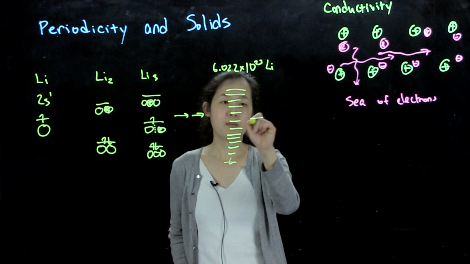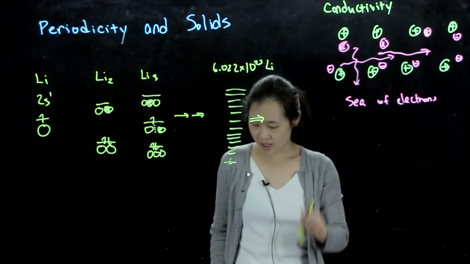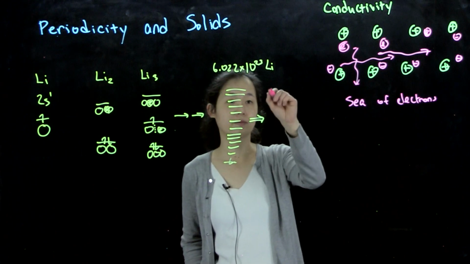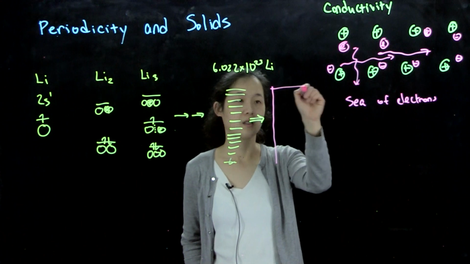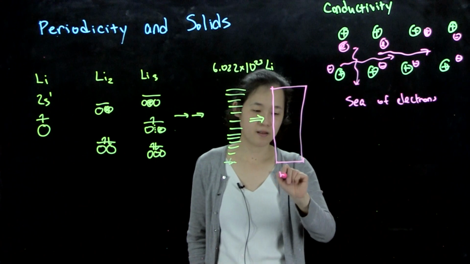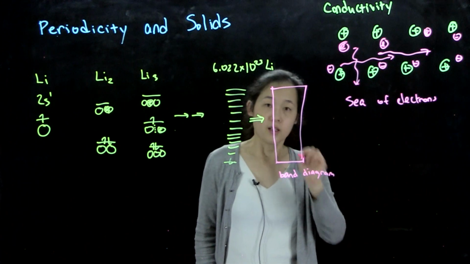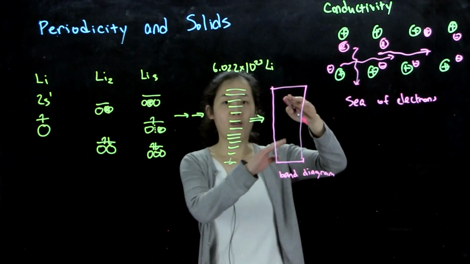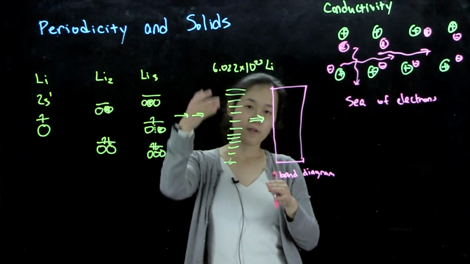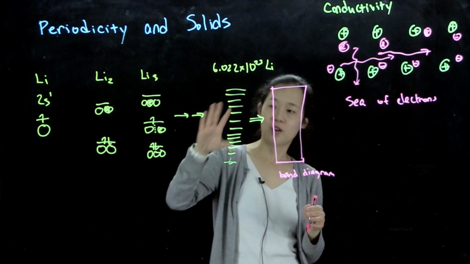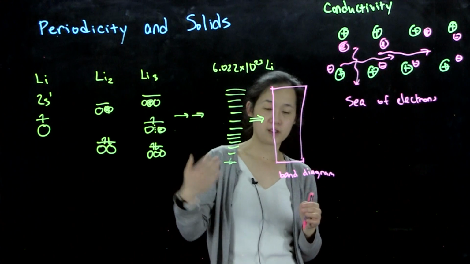So what we typically draw is a band diagram. This band is just a representation. It's a rectangle that represents all of these Avogadro's number of MO energy levels.